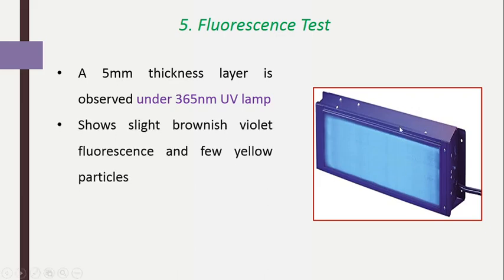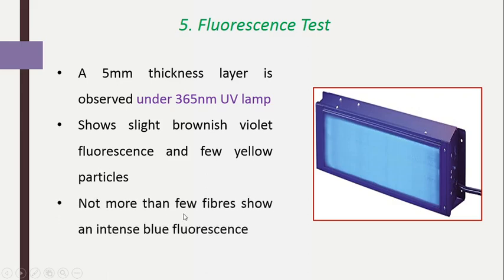At the time of observation, it shows a slight brownish violet fluorescence, and a few threads of absorbent cotton show yellow particles, and not more than a few fibers show an intense blue fluorescence.